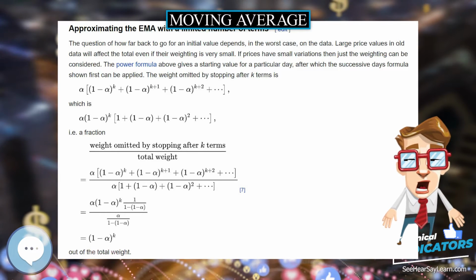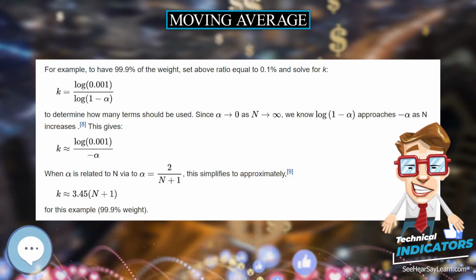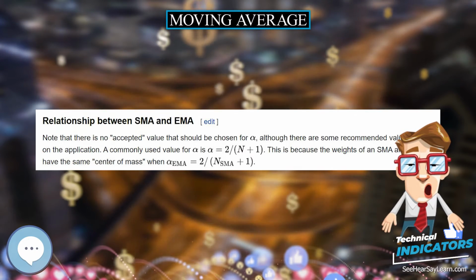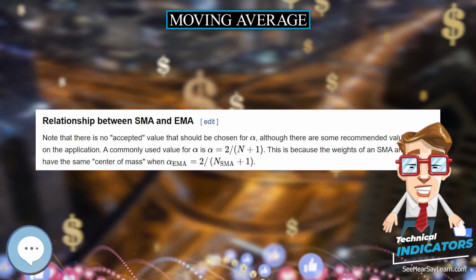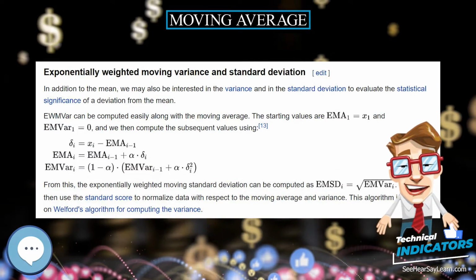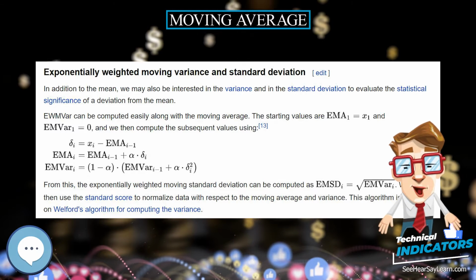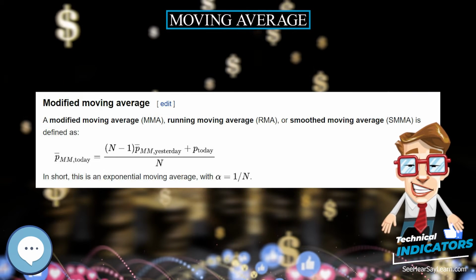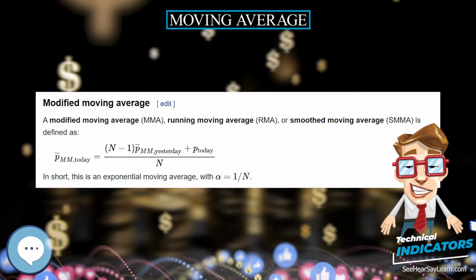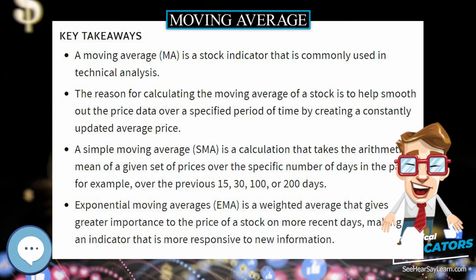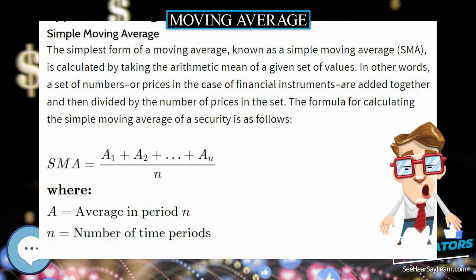99.9% weight. Relationship between SMA and EMA. Note that there is no accepted value that should be chosen for α, although there are some recommended values based on the application. A commonly used value for α is α = 2/(n+1).